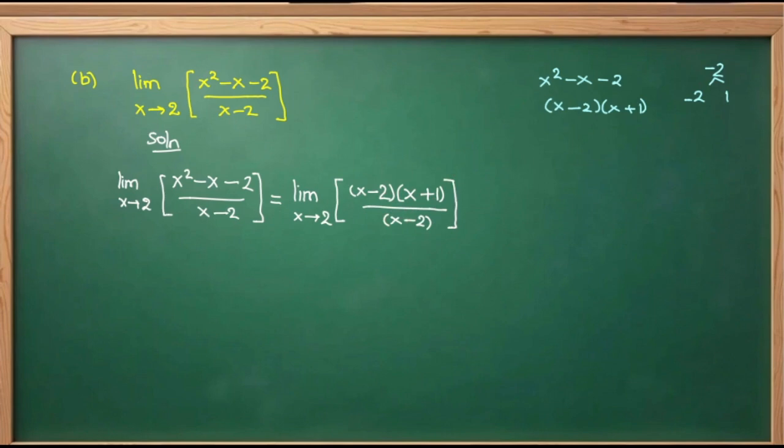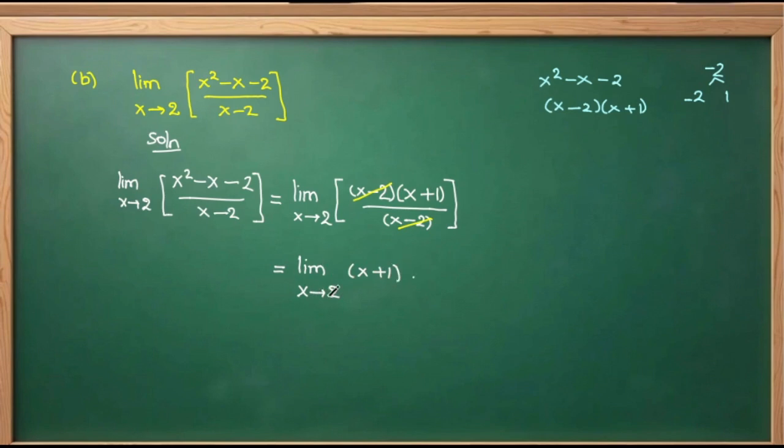Then when you check the numerator and denominator, we have something common again, that is x minus 2 and x minus 2. That will cancel out and we shall be left with the limit as x tends to 2 of the remaining term, x plus 1.